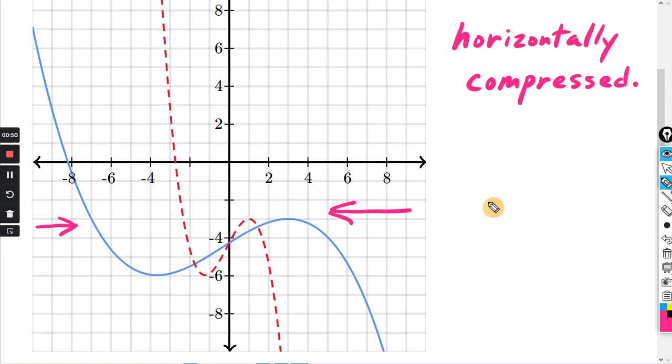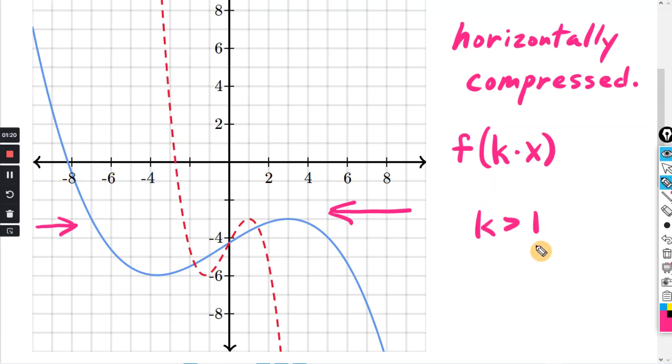If you remember from the horizontal exercise notes at the beginning, to make it horizontally compressed, you take f of x and multiply the x by a constant k. In order for it to be compressed, k is going to be greater than 1.